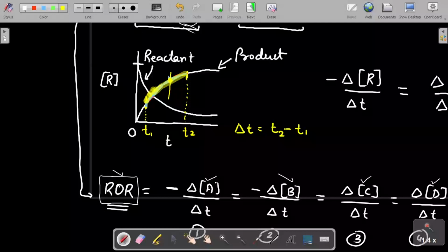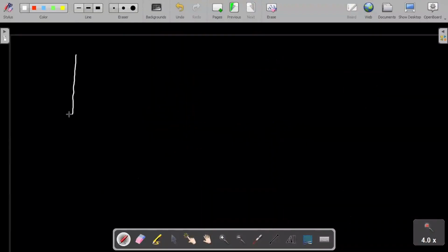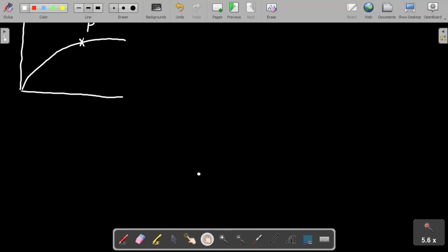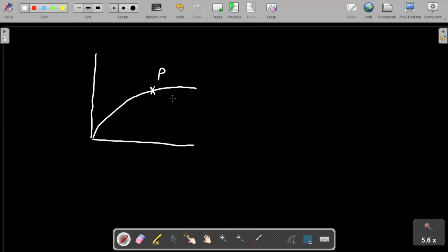So the point asked here is, suppose there is a graph indicating the formation of any product, and I want the rate of reaction at this point P, exactly. In that case, we can only get it through the graph.